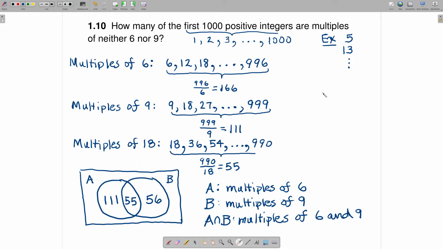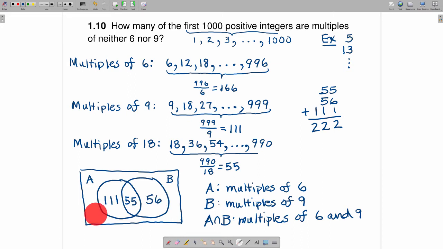So those three numbers there, in fact, if we add them up, and let's do that over here on the side, 55 plus 56 plus 111, when you add those, you get 222. So we know the sum of these three numbers here is 222.